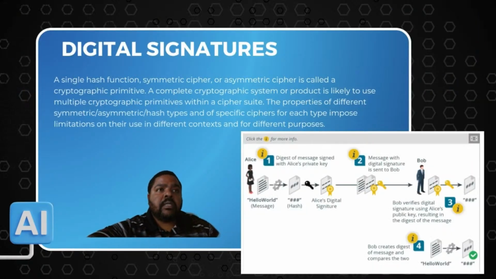When addressing a digital signature, you're mostly going to see those types of transactions on the web. A lot of times when we look at the certificates that a website has, they will have the digital signature there. That digital signature is the representation of their public key, in order for you to communicate securely with it.